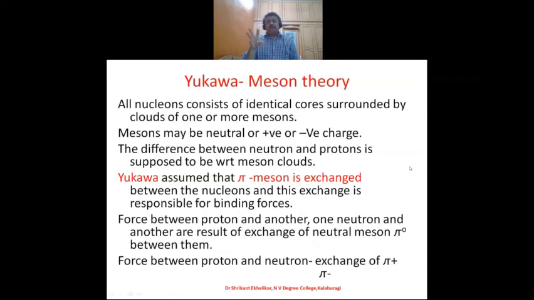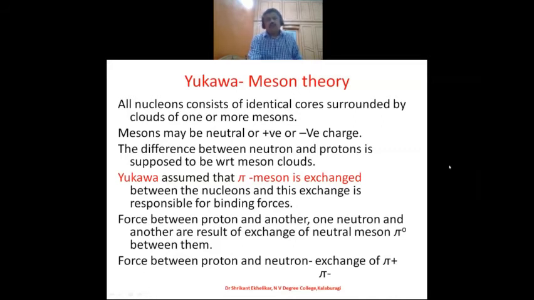Inside the nucleus of every atom, all cores are the same; that is, it is neither proton nor neutron. What is being said is that all nuclei consist of identical cores surrounded by a cloud of one or more mesons. In a meson cloud, there may be some positive charge, which is a proton, some negative charge, or some neutral charge, and then that may be a neutron.